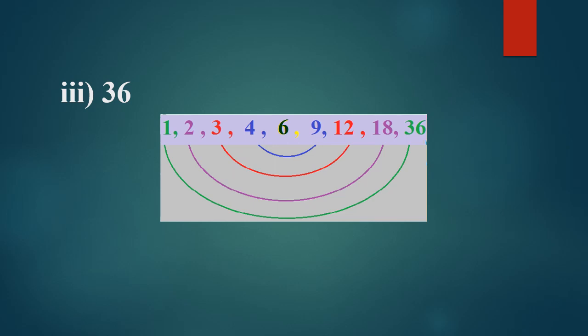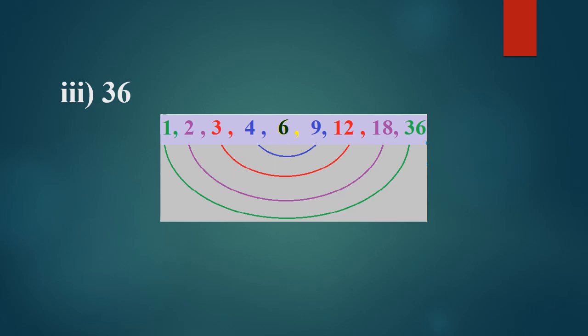We know that 1 is a factor of every number and every number is a factor of itself. So we have found two factors of number 36, 1 and 36 itself. Now we will calculate the remaining factors of number 36.